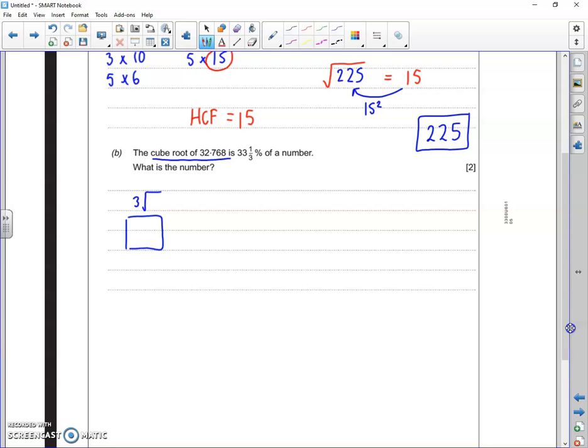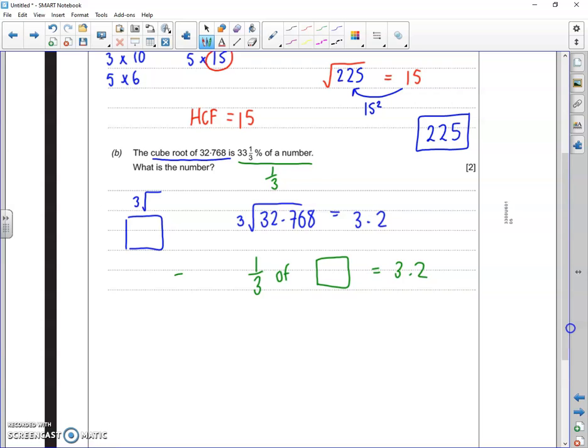So the cube root of 32.768 is 3.2. And that is 33 1/3% of a number, which is an awkward way of saying, if you convert it to a fraction, that it's 1/3 of a number. So 1/3 of something is 3.2.